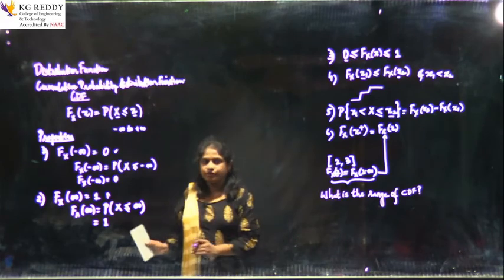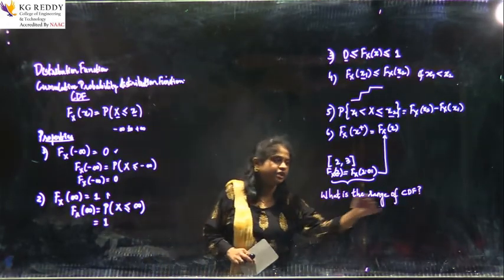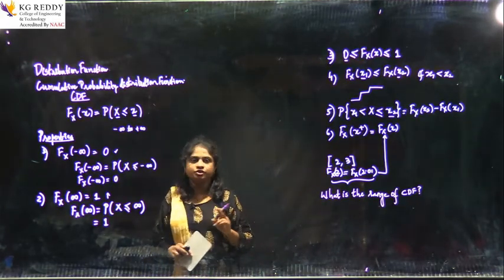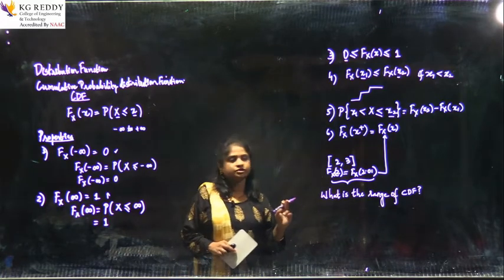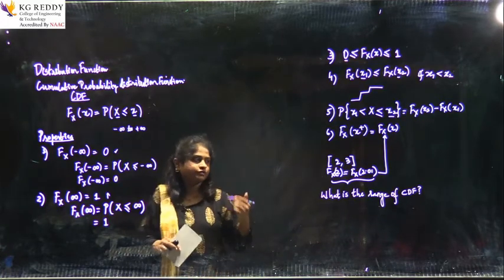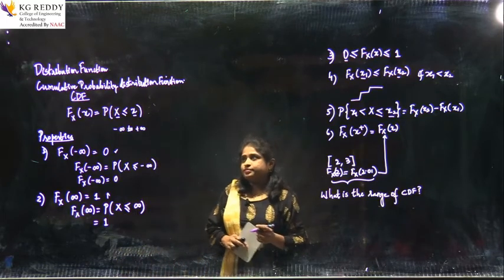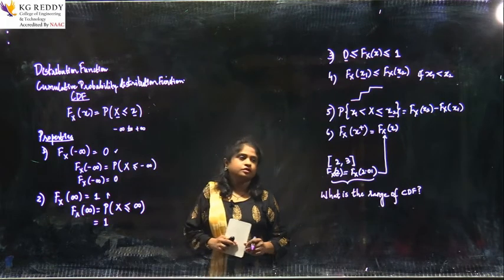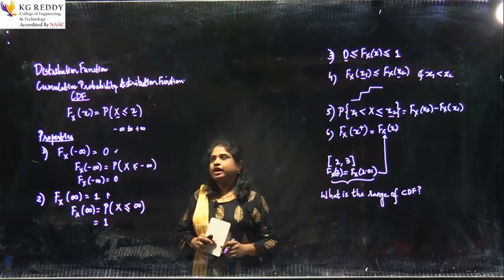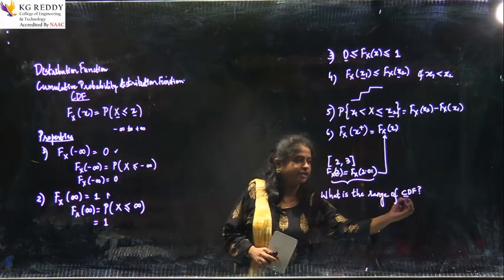From which value to which value will it range? Also, why the word cumulative?